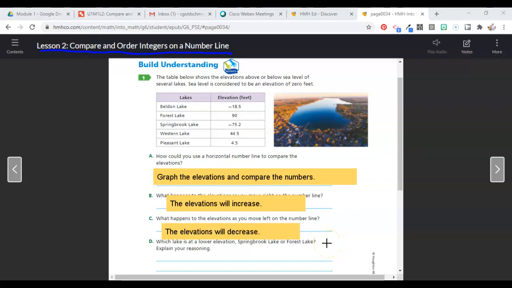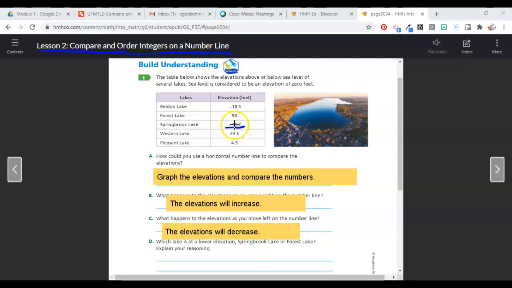Then D, which lake is at a lower elevation? Springbrook Lake or Forest Lake? So we're going to take a look up at our numbers. Springbrook Lake, we're at negative 75.2.